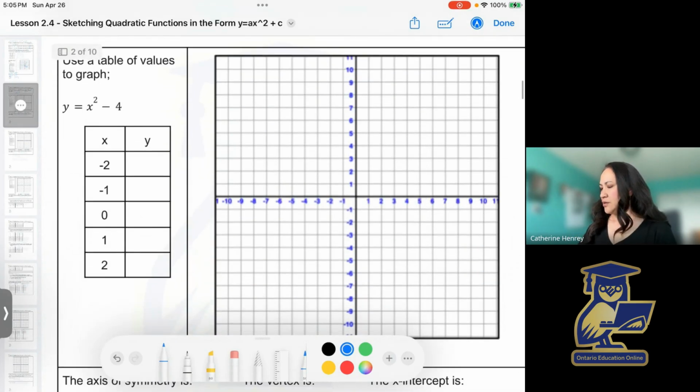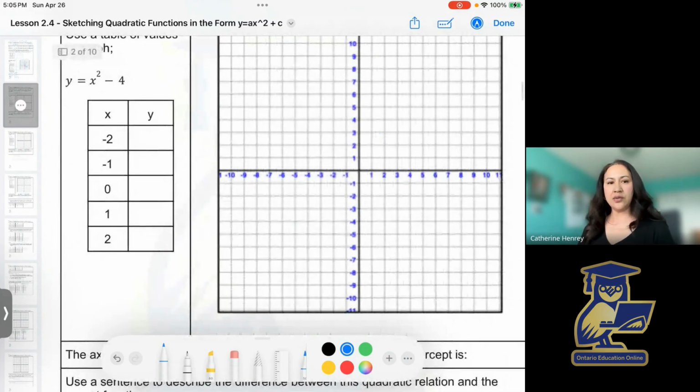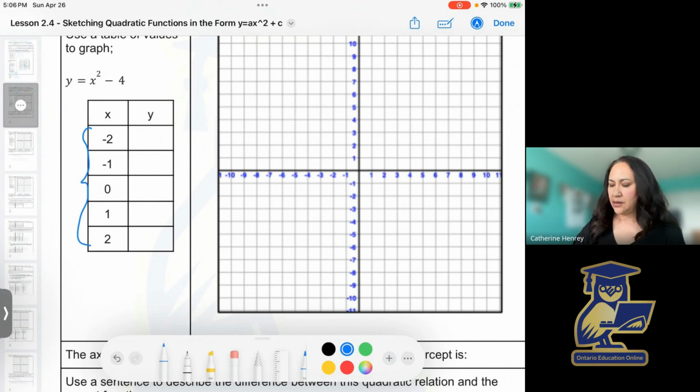Let's take a look at another one. So here we're working with y equals x² minus 4. And again, let's try working with the table of values. So we'll start plugging in our x values here. So y equals (-2)² minus 4, and that comes out to 0. y equals (-1)² minus 4.